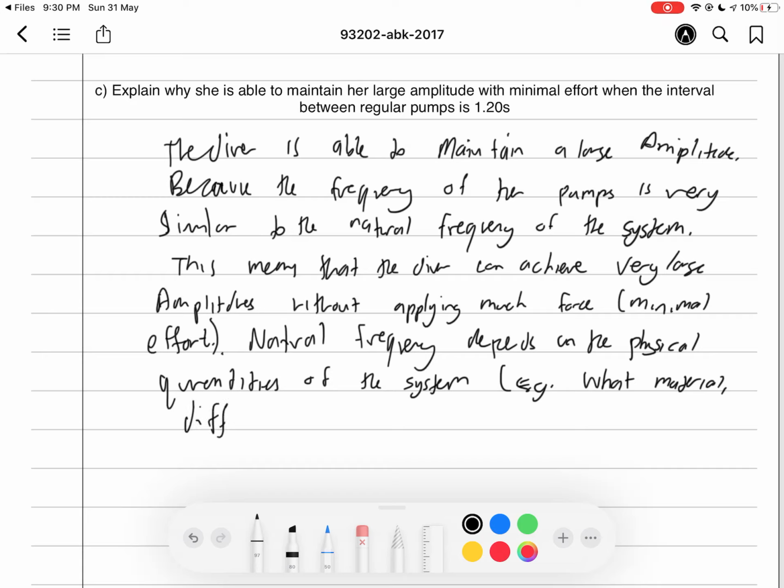Only physical quantities can change the natural frequency of the system. You can add that in, but I don't think it's necessary. The diver is able to maintain a large amplitude because the frequency of her pumps is very similar to the natural frequency of the system. This means that the diver can achieve very large amplitudes without applying much force, with minimal effort.